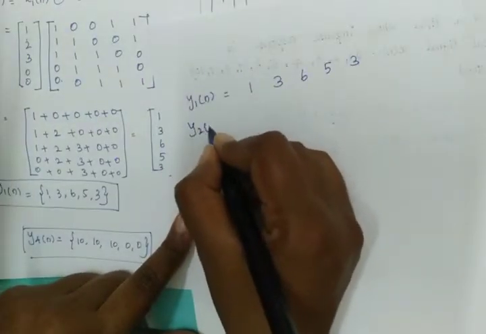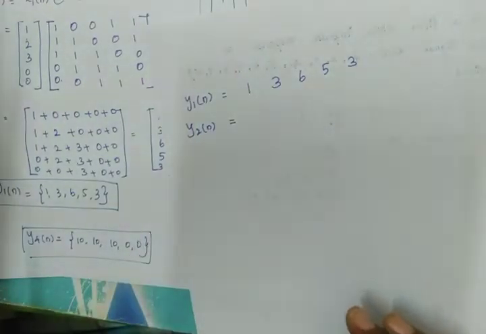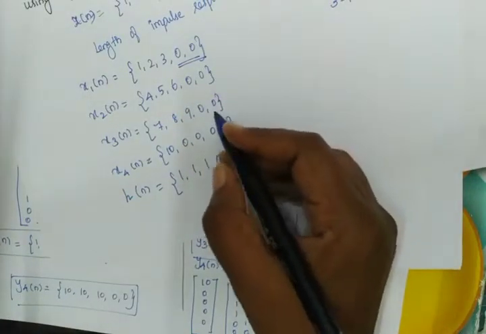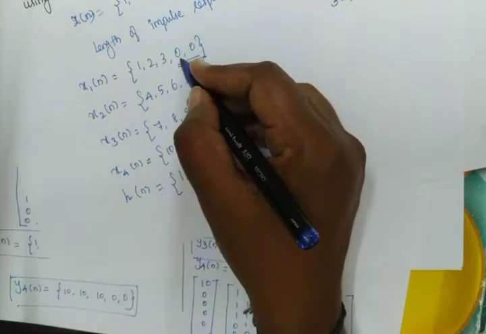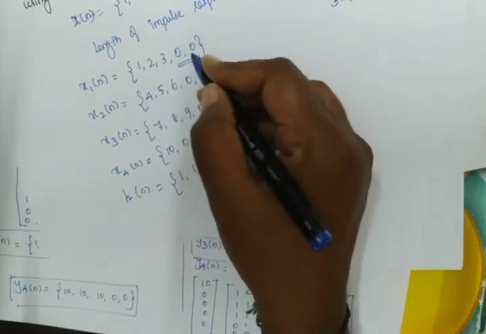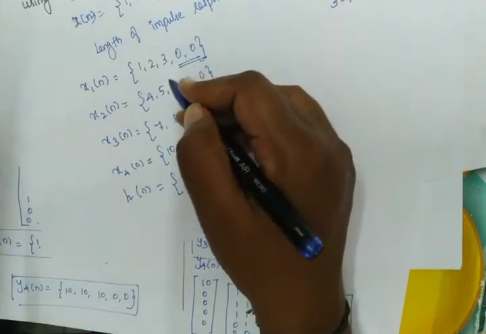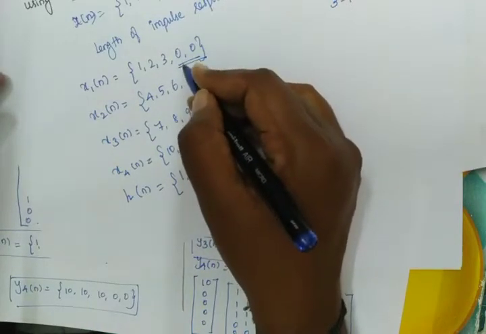y2 of n is equal to, now we have added the last two zeros, isn't it? Since we have added the last two zeros, we have to start the numbers from here, because this is called overflow. This is the original number, and these two have overflowed here. So what is y2 of n?